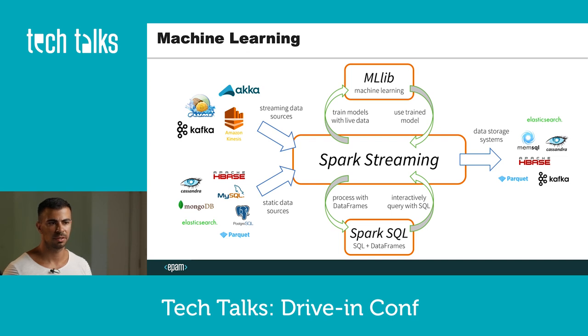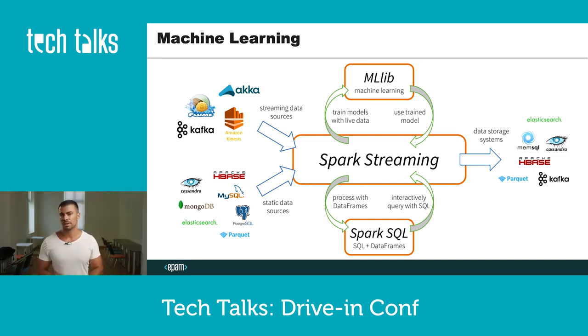And machine learning is another great example where we can also use streaming, like in Spark. For example, here in this diagram we can have a variety of sources, and we can train models with live data, like offline training, then deploy the already trained models and use them for scoring. Some algorithms for machine learning even allow online training, whereby scoring and training happen in real time with real data that's incoming in the system.